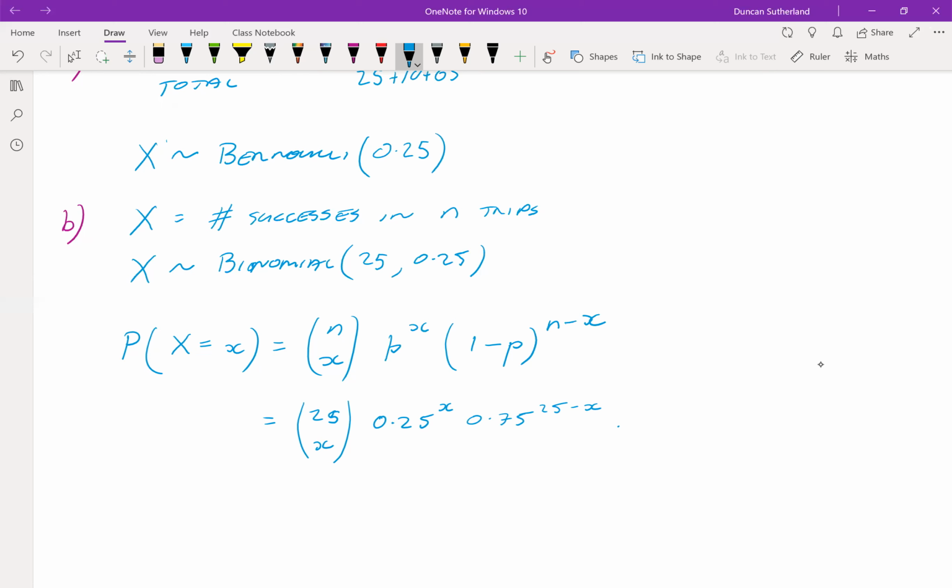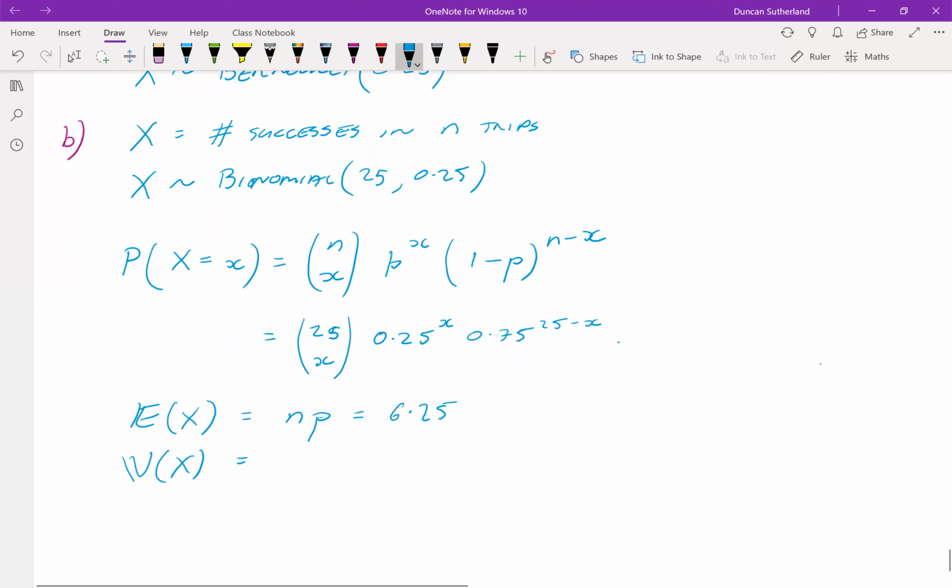Okay, you can also compute the expectation of this. That's just n times p, which in this case is a quarter of 25, which is 6.25. You can work out the variance as well.